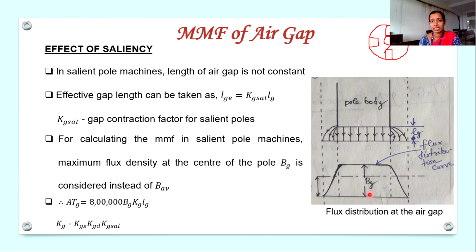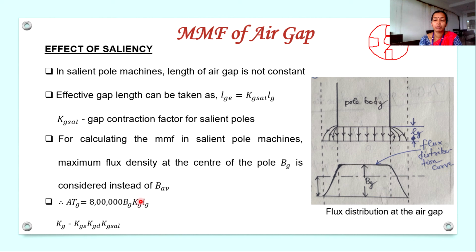In the previous case we have taken B average in the equation for MMF, but in the case of salient pole machines, as the flux density is not constant, we are using the maximum flux density at the center of pole, Bg. So the equation becomes 800000 into Bg into kg into Lg. Instead of B average we have substituted Bg, and one more difference is there.